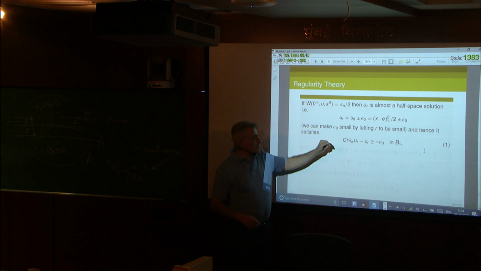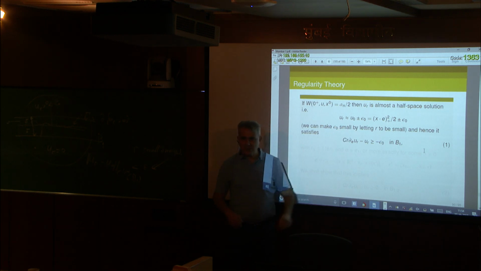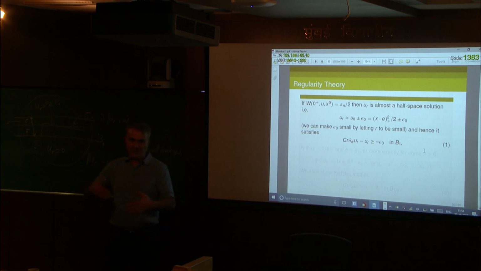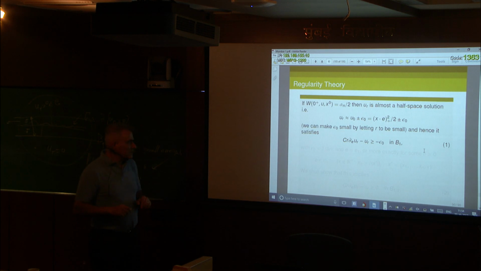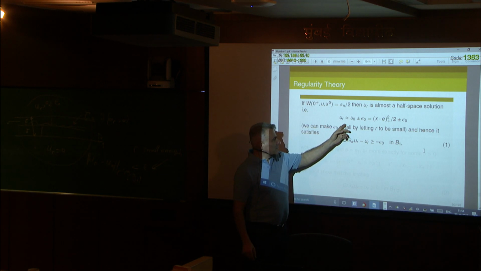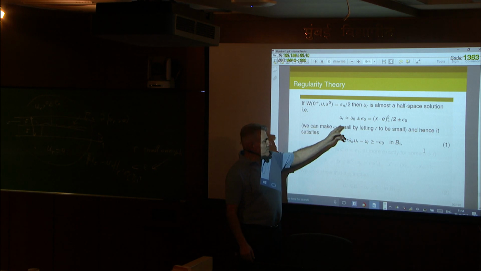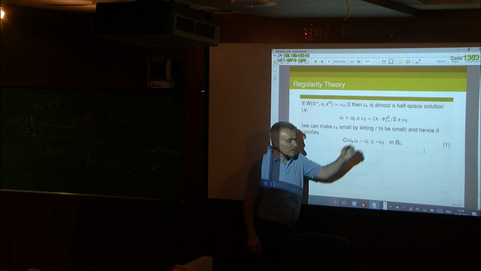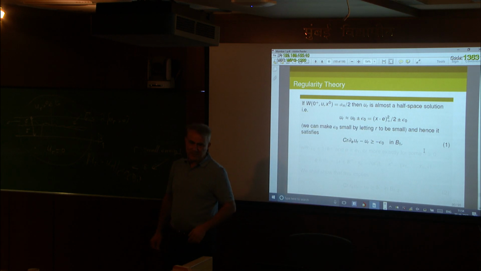If I take a low energy point, I know that UR is like U0 plus minus epsilon. It goes away from U0 just with an epsilon distance. And not only UR, but also the derivatives of UR. So this means that even if you take the derivatives, it's going to be epsilon plus minus.